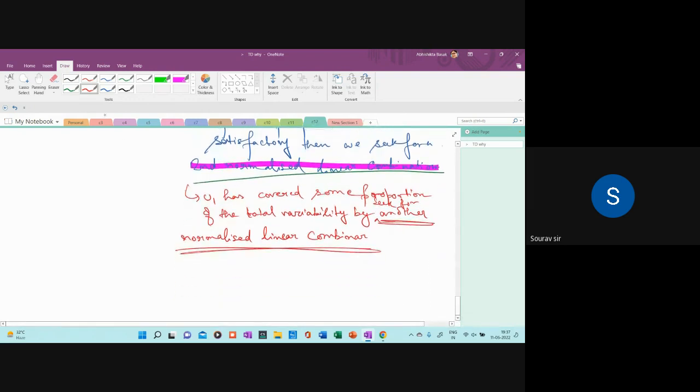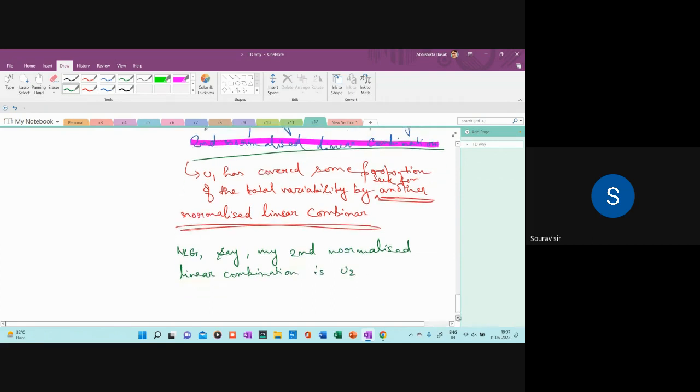So suppose, without loss of generality, now I can write, let my second normalized linear combination be u2.